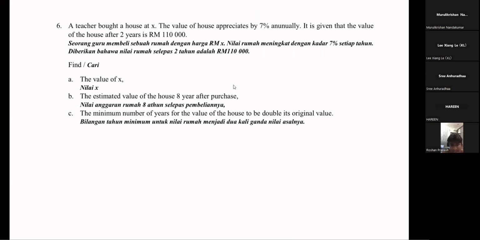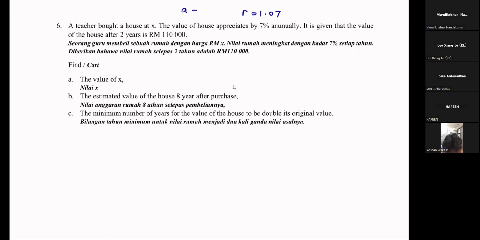It's almost the same like your indices. Do you remember your indices? The indices plus index number. Do you remember your index number? If the value is increased from 100, the R you have to use is 1.07. Students don't understand? 107 over 100.